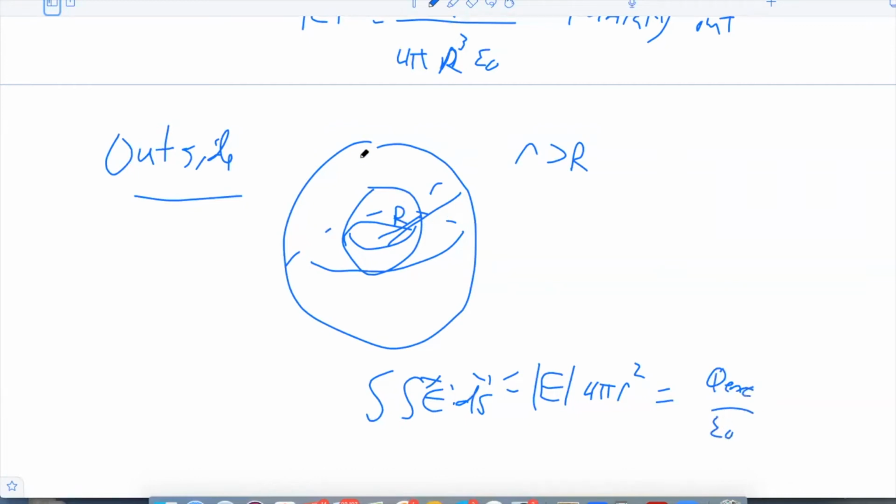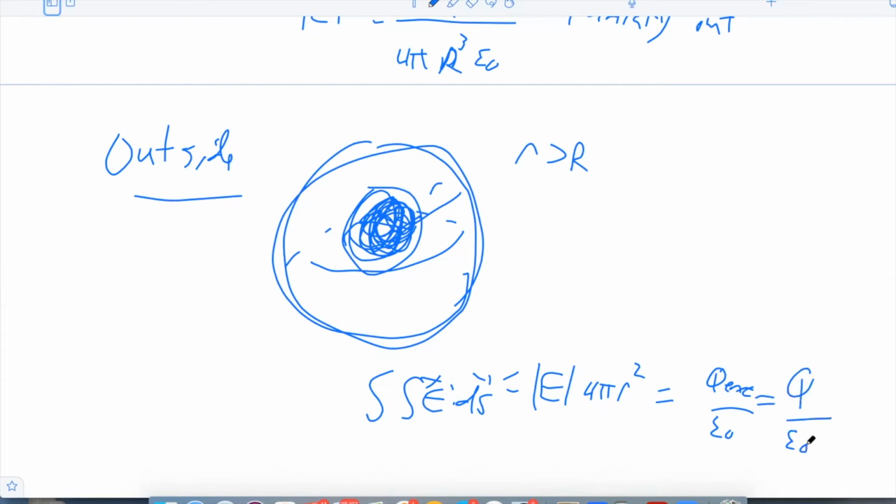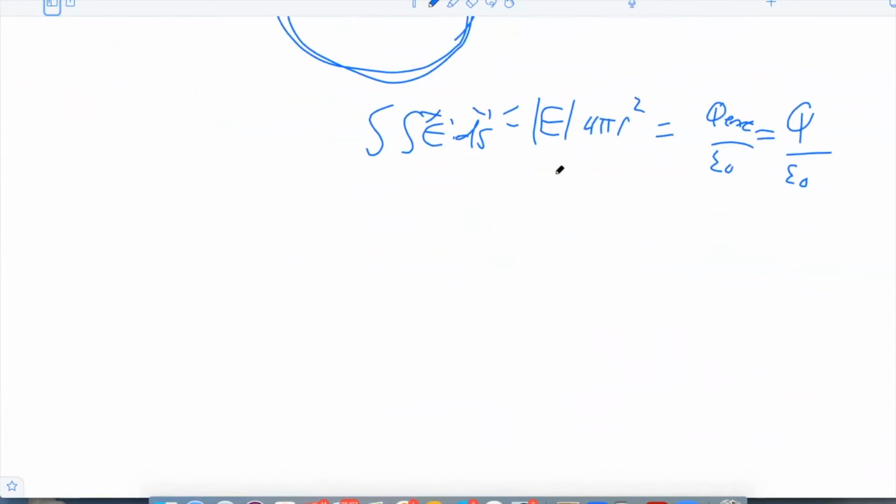Now on the right, though, this is supposed to equal the charge enclosed over epsilon naught. How much charge lives inside here? Well, all of it does. The charge was right there. I've captured all of it. Charge enclosed is Q. Again, we're trying to solve for E. So divide over the 4 pi r squared, we get Q over 4 pi r squared epsilon naught. That's just Coulomb's law. This is literally where Coulomb's law comes from.